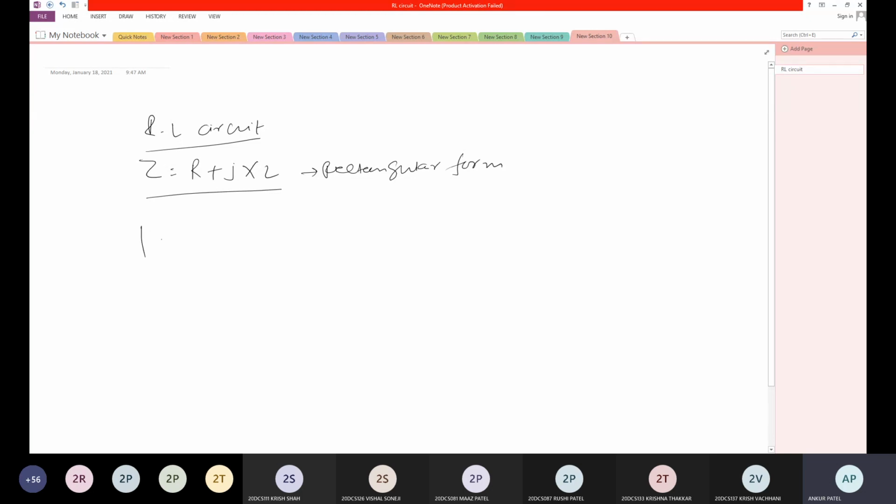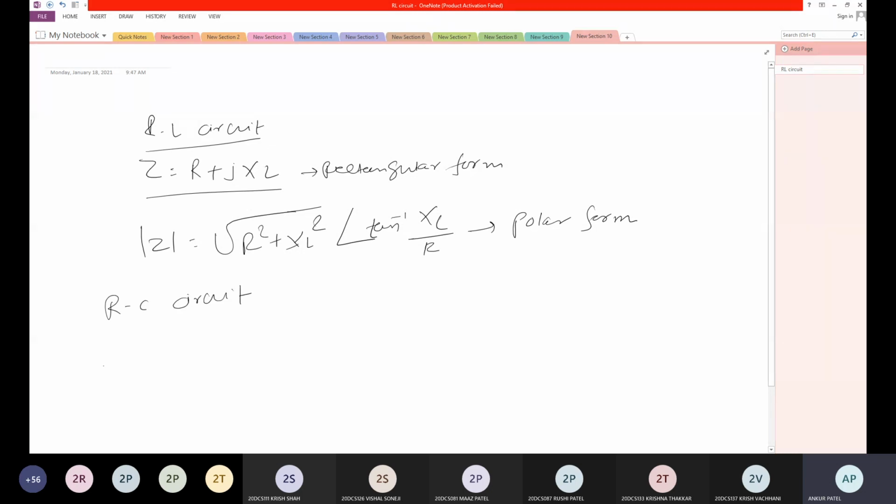And in magnitude form, I can write this as under root R square plus XL square, and angle tan inverse XL by R. So this is polar form. For an RC circuit, the rectangular form is Z equal to R minus jXC, as voltage lags the current, with VC equal to I into XC.